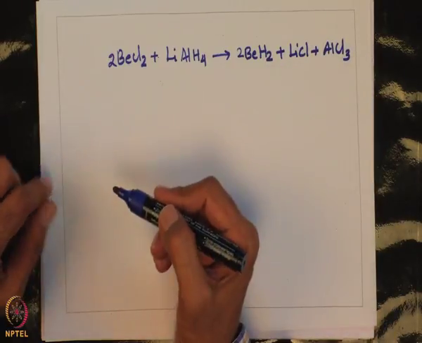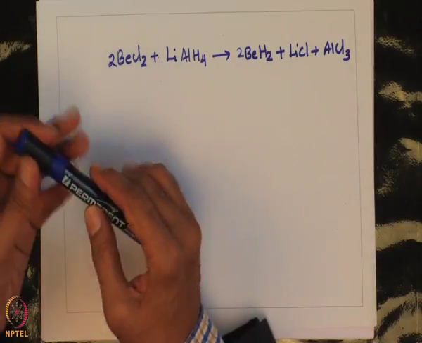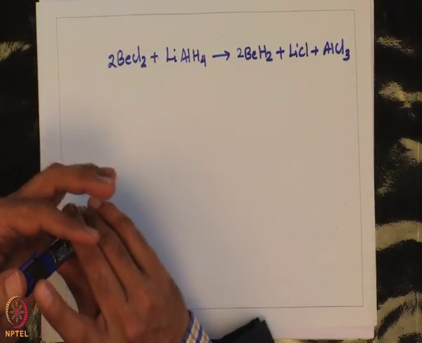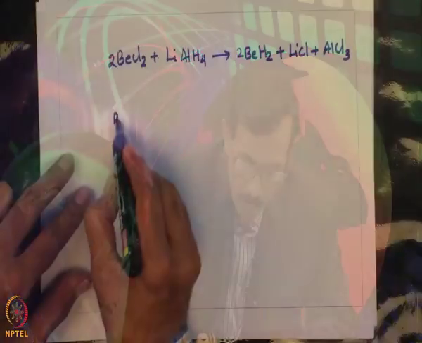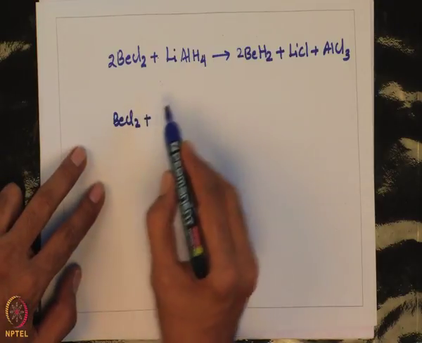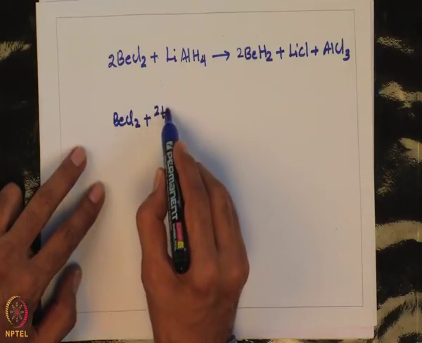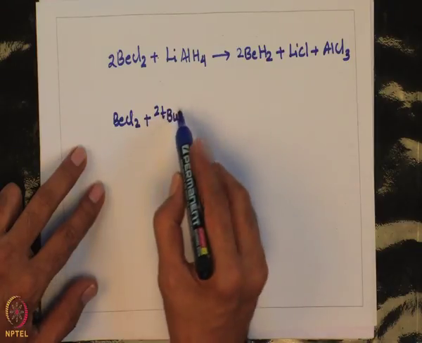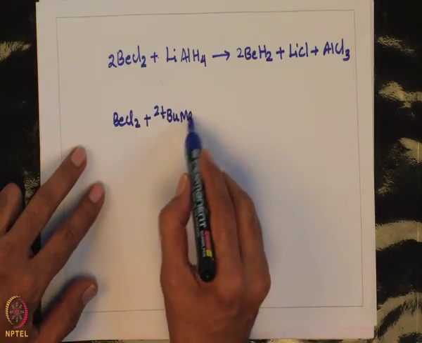So, this is one method, and if you want to prepare very pure beryllium hydride, there is an indirect method. In this, one has to first make a di-tertiary butyl beryllium compound, that is, beryllium chloride has to be treated with a Grignard reagent such as tertiary butyl magnesium chloride.